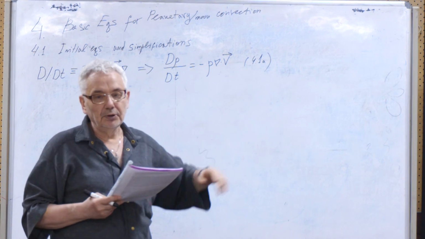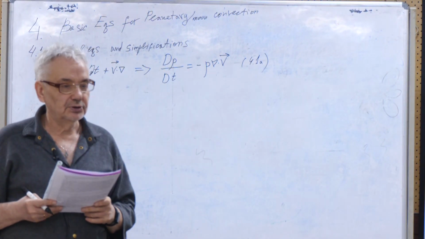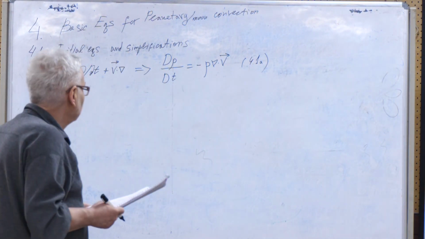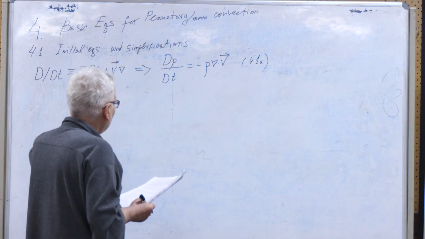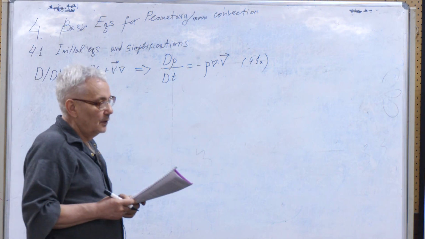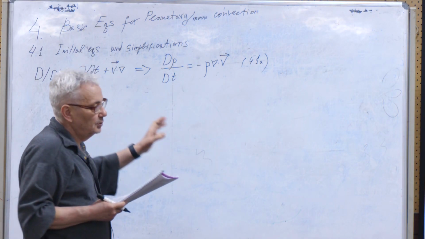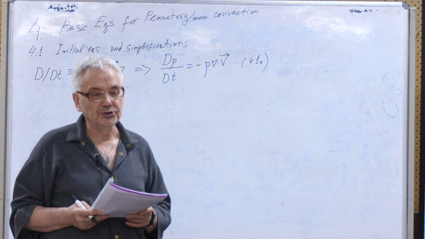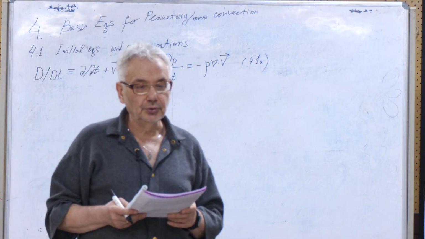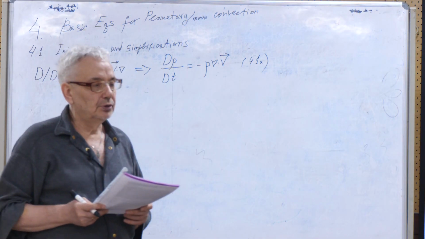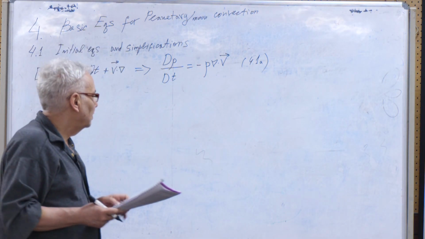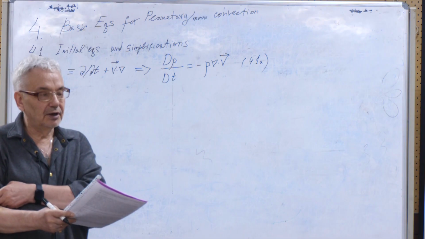Very often people presume that if we write down precisely this Navier-Stokes equation, which is some analog of the second law of Newton, then this is the Navier-Stokes equation.